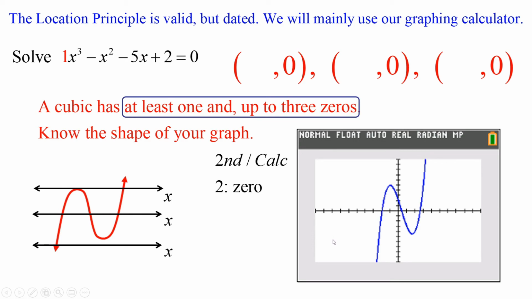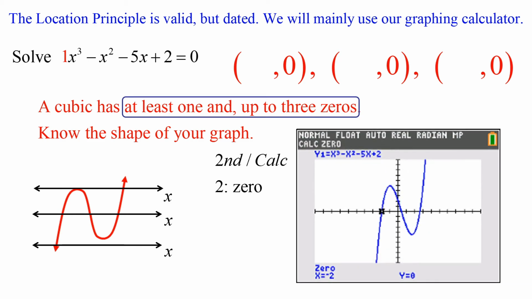And then it's going to say guess. When I go left bound, enter, right bound, enter, guess. And guess what my calculator gave me? The first root is x equals -2. I write that as an ordered pair, -2, 0.